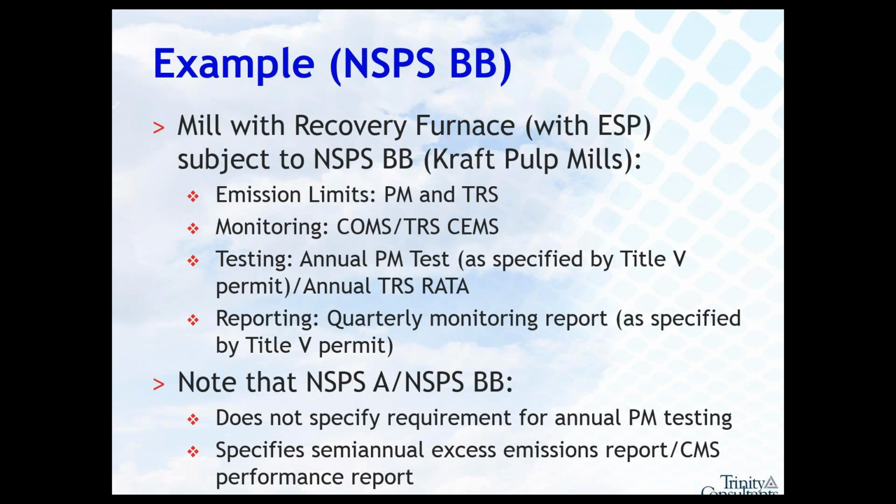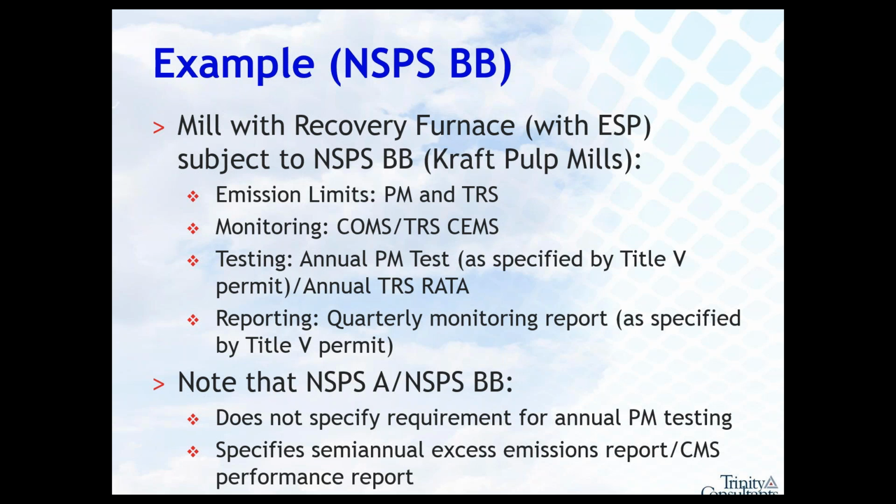In this case, this mill has an annual PM test requirement in its Title V permit, and also conducts annual relative accuracy test audits of the TRS CEMS. The permit for this facility requires quarterly monitoring reports.